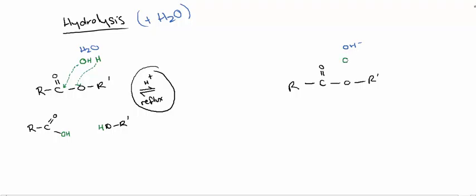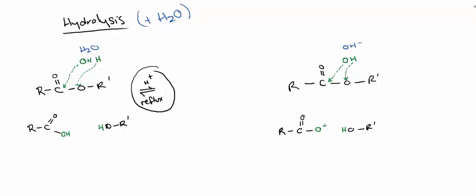Under basic conditions, we can think of our hydroxide ion as an O and an H. The oxygen is going to attach to the carbon and the hydrogen to the oxygen over here. So you can see in this situation we've ended up with a carboxylate ion instead of a carboxylic acid.